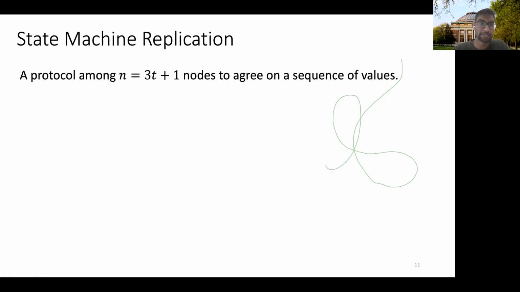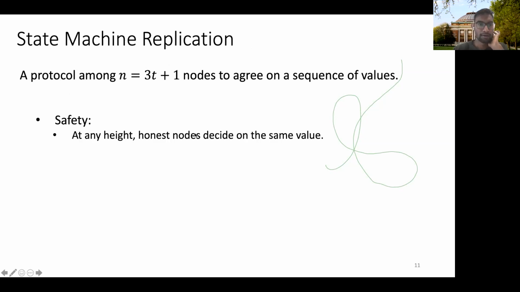This protocol must satisfy these properties. Safety says that at any height, all the honest nodes decide on the same value. Drawing an analogy to a standard blockchain, at each height all honest nodes agree on the current block at that particular height.